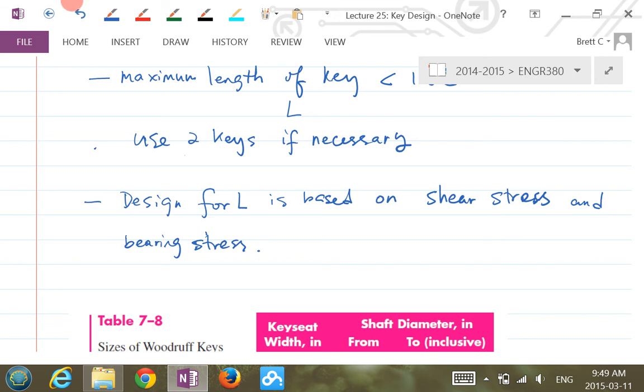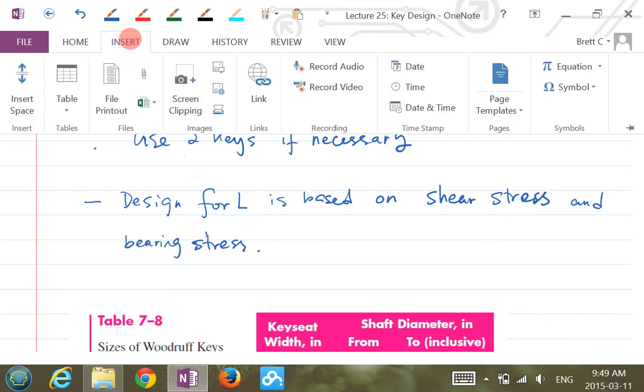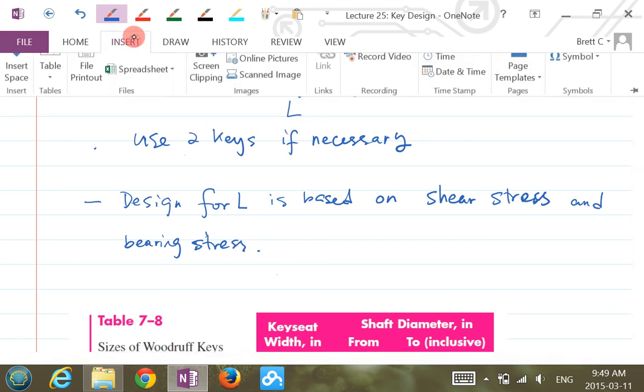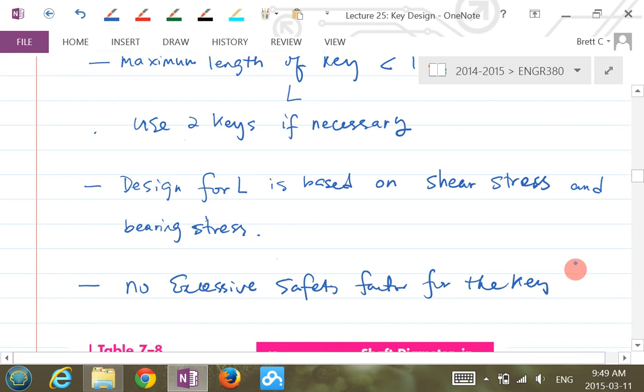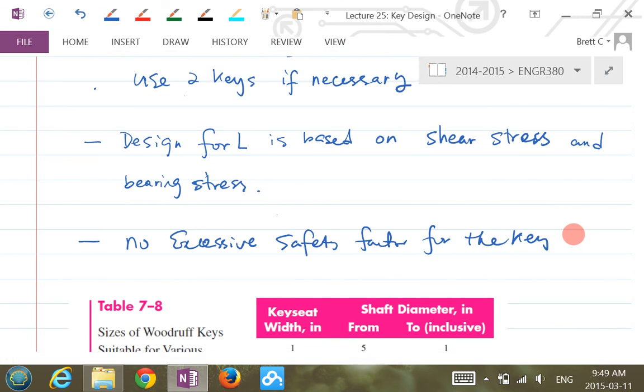Okay, so the most important thing I think you need to bear in mind is the last bullet point: you don't want to assign an excessive safety factor for the key design. Basically it means you don't want a very long key, because a higher safety factor gives you a pretty long key.